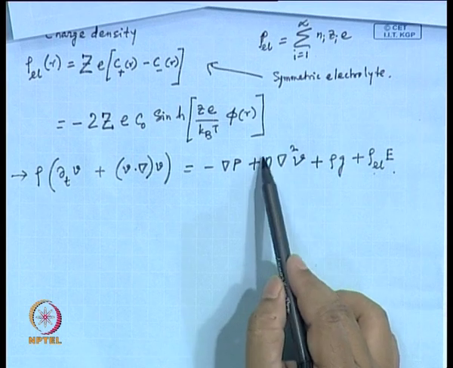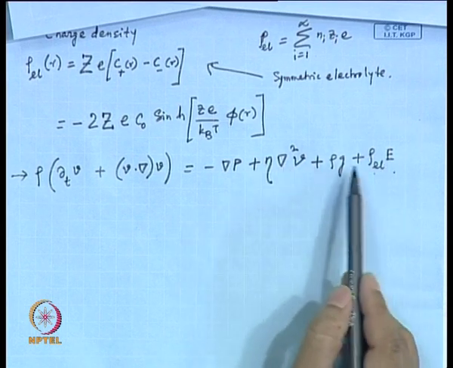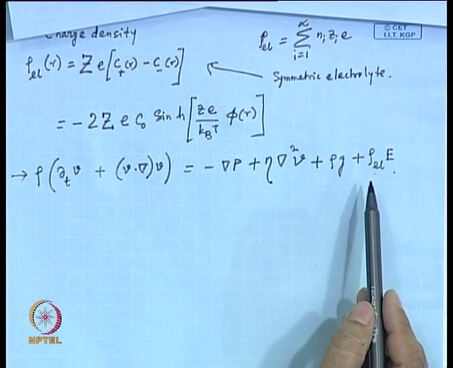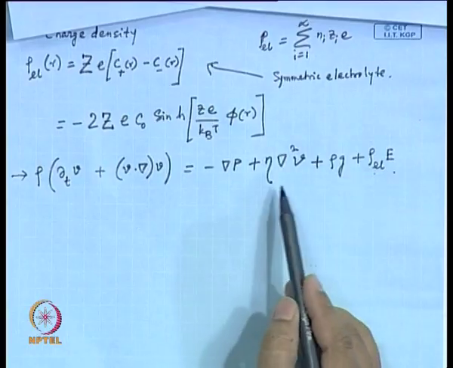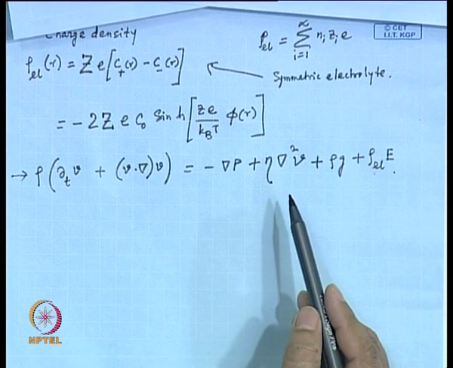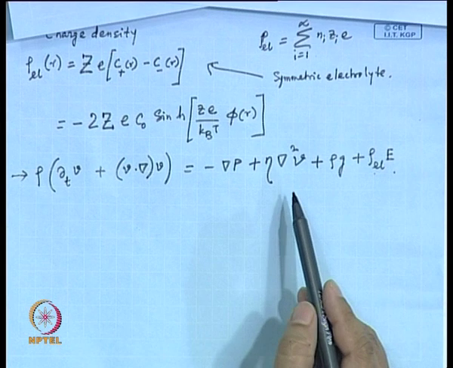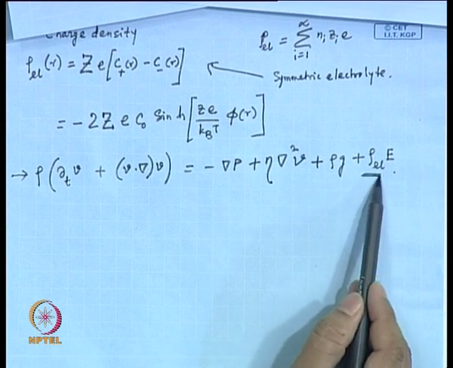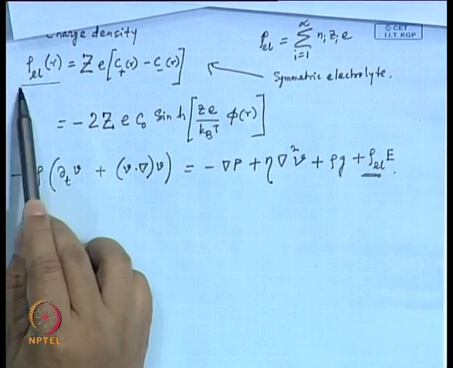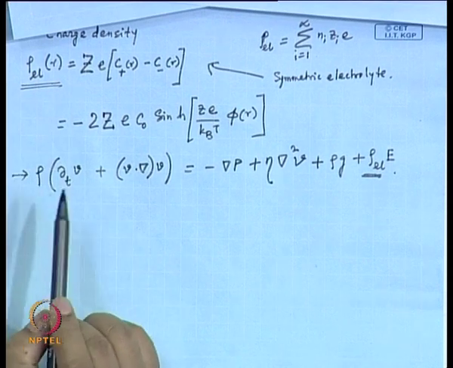Obviously, if the viscosity is more, then it would be difficult for the fluid to be dragged by ions. So, it would be an interplay between these two terms, and that will define what velocity you get for electro osmosis. This is how rho EL comes into the picture, and that is what we are trying to find out.